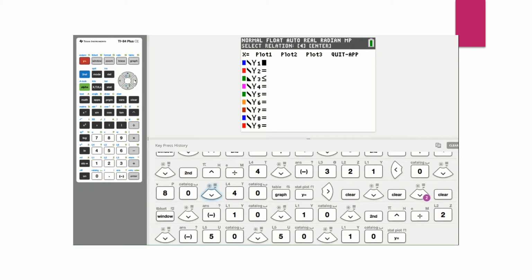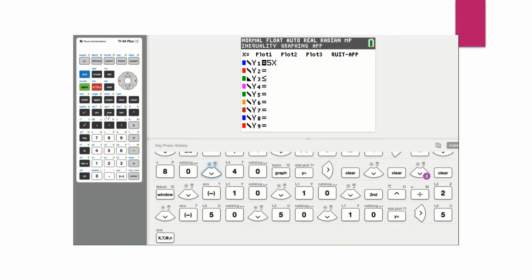So first we've got 5x times the sine of x. And then we're going to graph the damped factor, first as just 5x, and in my case, since I've got y3 set up to an inequality, I'm going to go to y4, and that's going to be -5x.